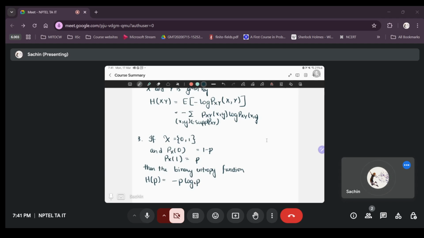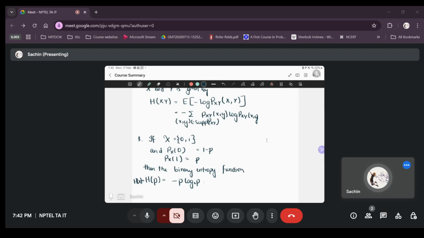It's h of x for this particular type of random variable which takes two values, one with probability p and the other with probability 1 minus p. So it depends only on p. Therefore, we write h of p. It is actually h of x. H of p is only notation for the binary entropy function.